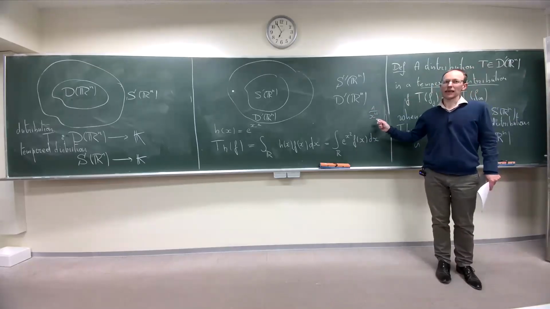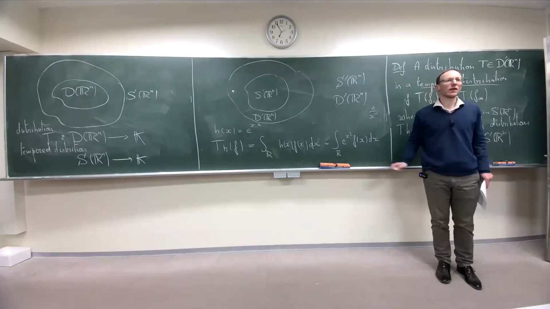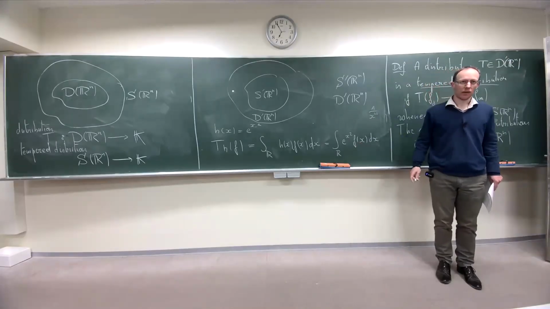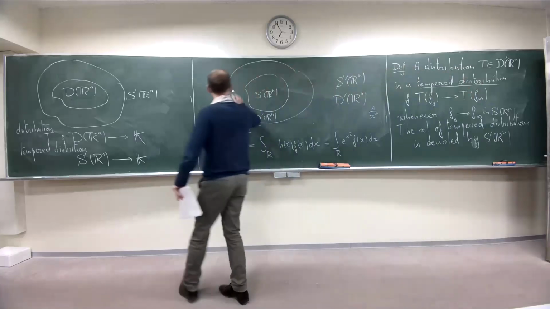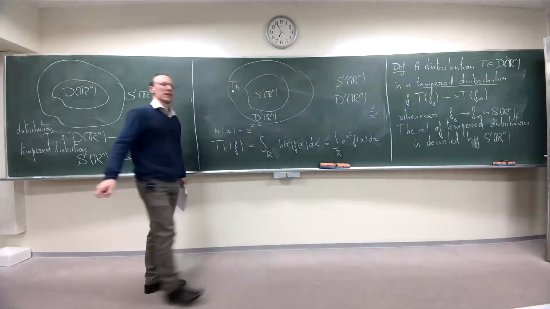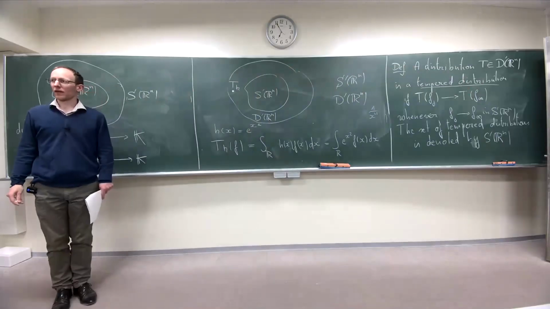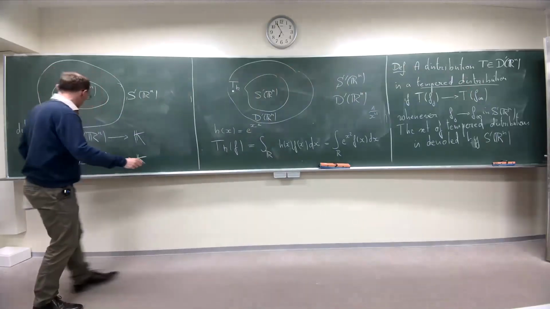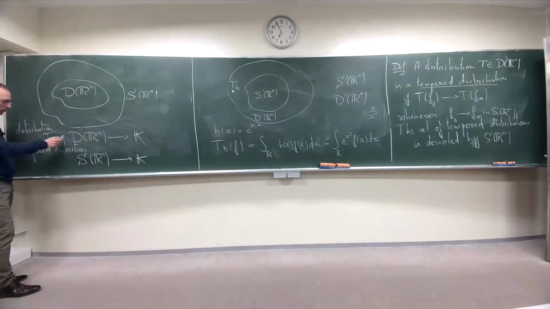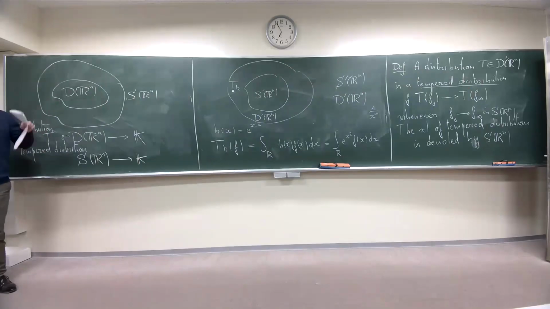This one is decaying like a polynomial, so this number would be infinity. So this T_h with this specific h is here. You can apply it to a test function because f would have bounded support. So this integral is in fact an integral on an interval. If you try to apply it to a Schwarz function, in general, it wouldn't be finite.